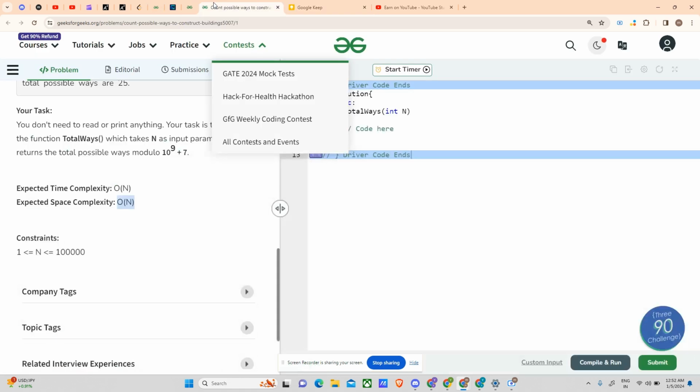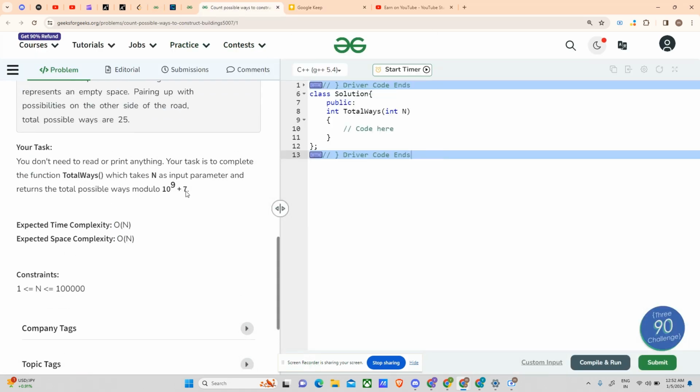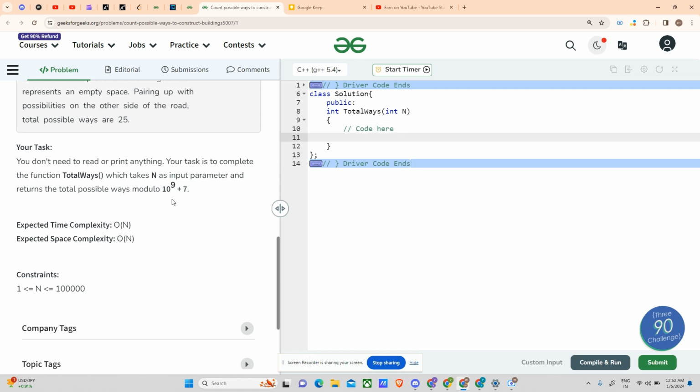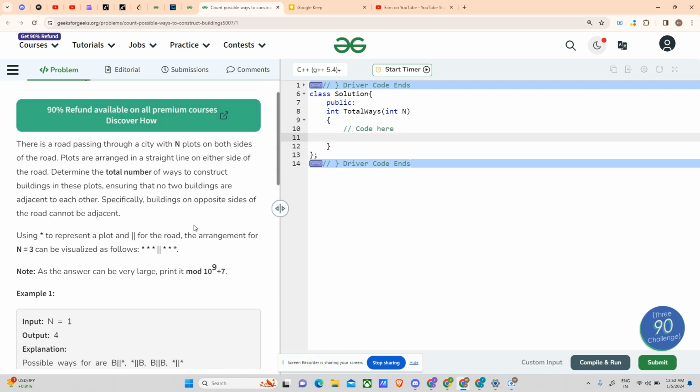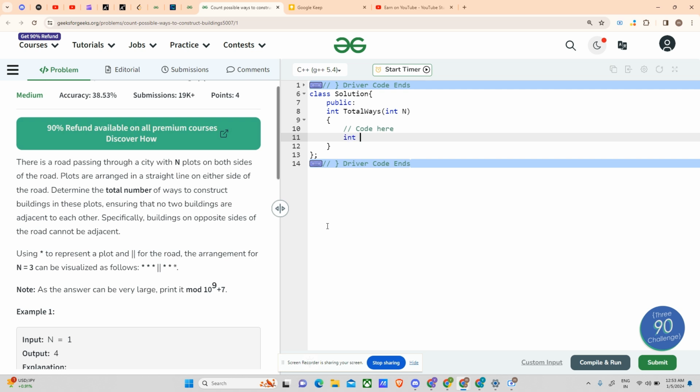Okay, how we are going to proceed. Here it is written that we have to take the mod of the final answer with this, because the final answer can be large. So int mod equals to 1e9 plus 7.